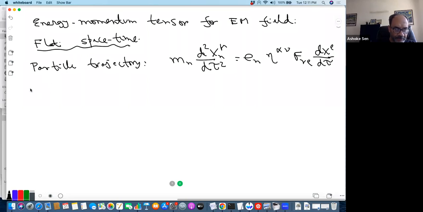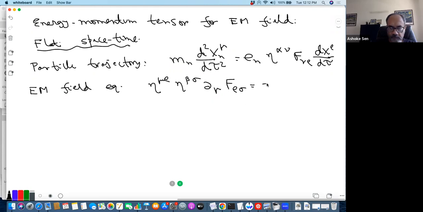Then the electromagnetic field equation has the form η, okay, this is the current.